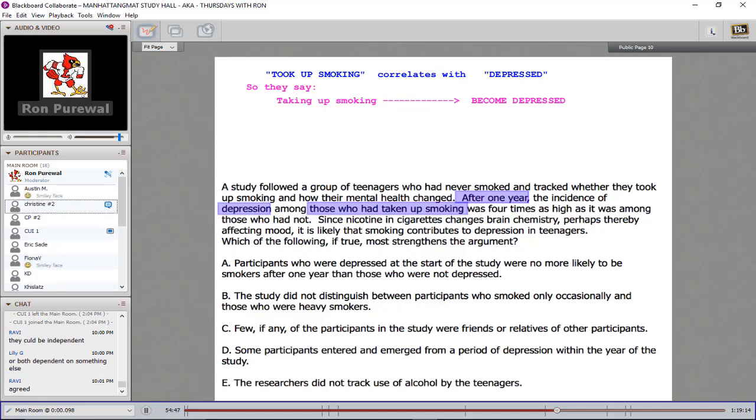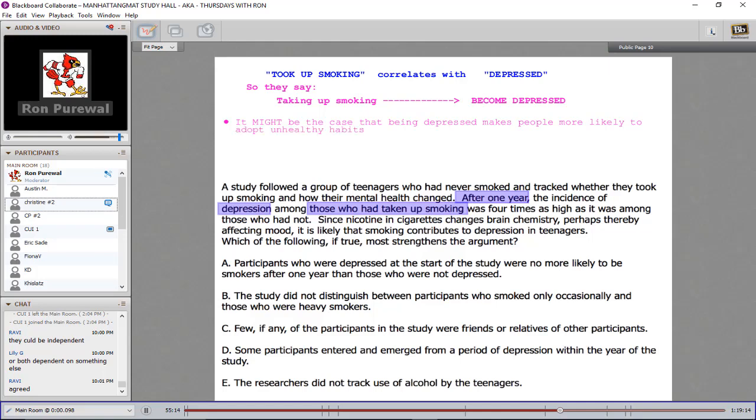Might be the case. Remember, you're looking to strengthen the argument, so you would have to actually rule that out. But it might be the case that being depressed makes people, because depressed people do certain things sometimes that are self-destructive, right? So being depressed makes people more likely to adopt unhealthy habits.